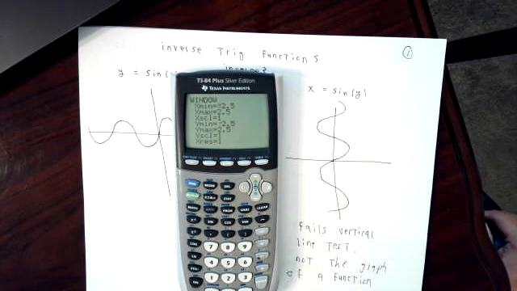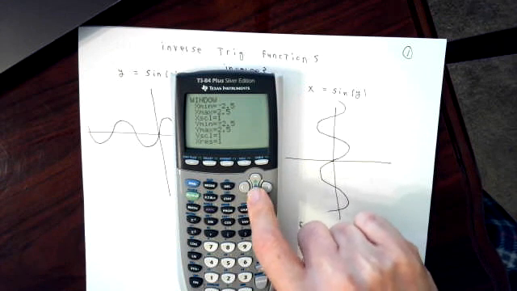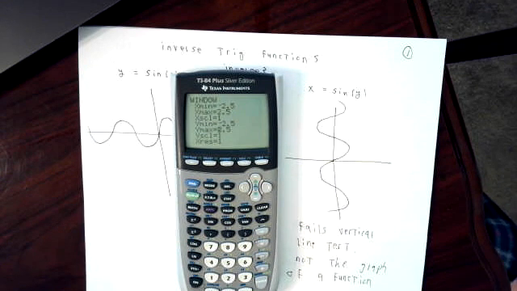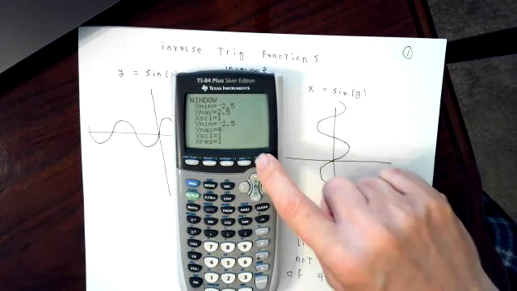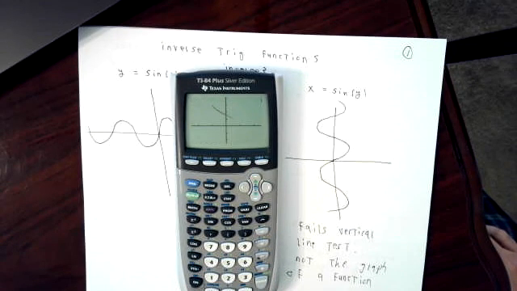Ymin and Ymax, the Ymax is a little short. I want to make Ymax at least as big as pi so that I can see the top of my graph. Pi is about 3.14, so I'll make Ymax a little bigger than that. I'll make it equal to 4. There we go.